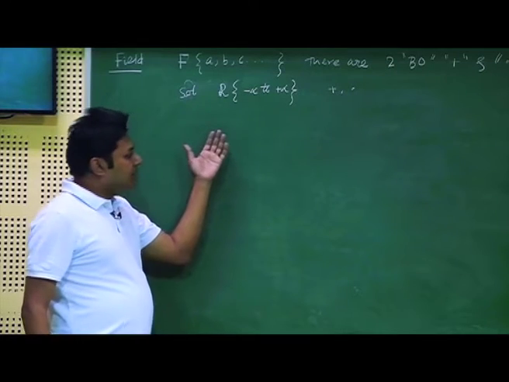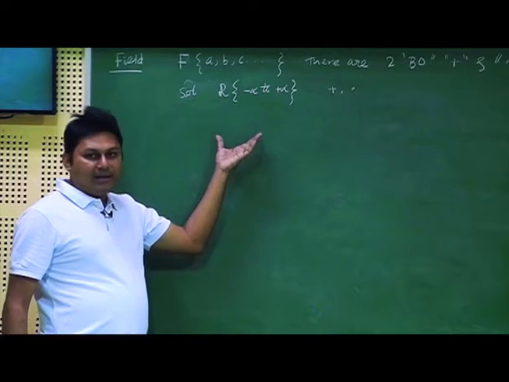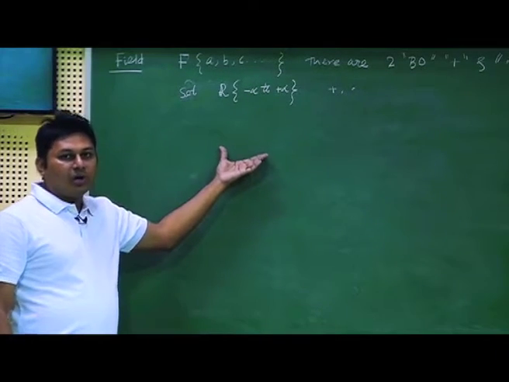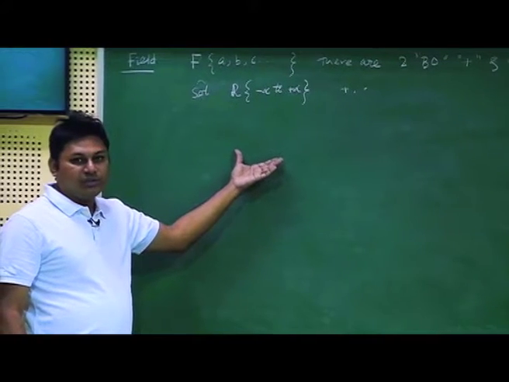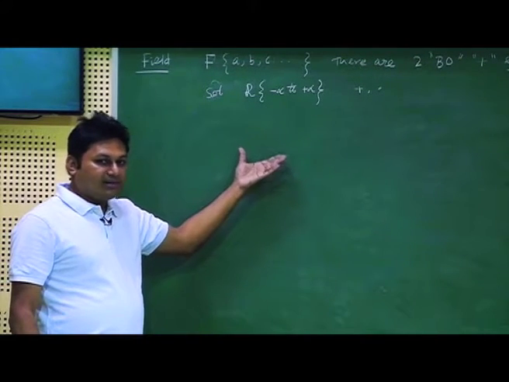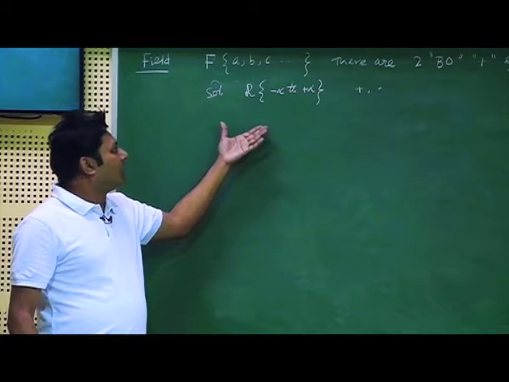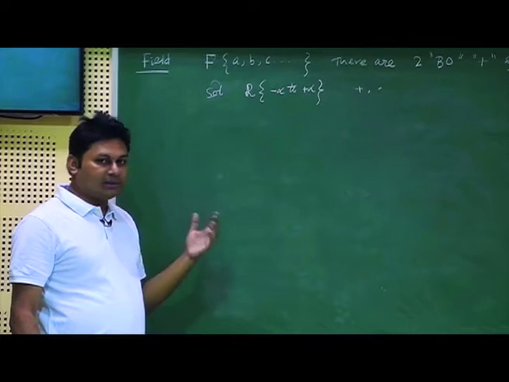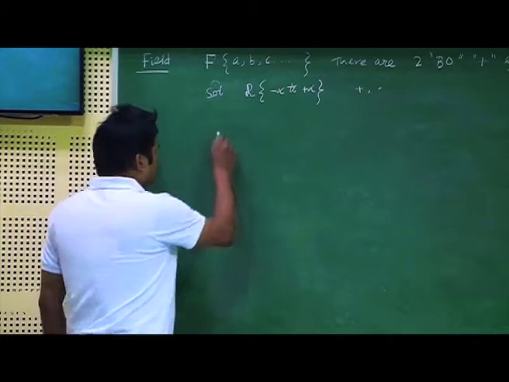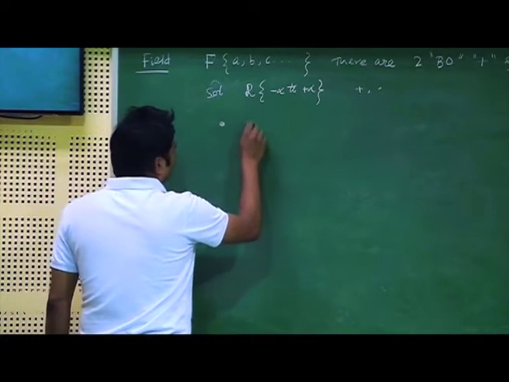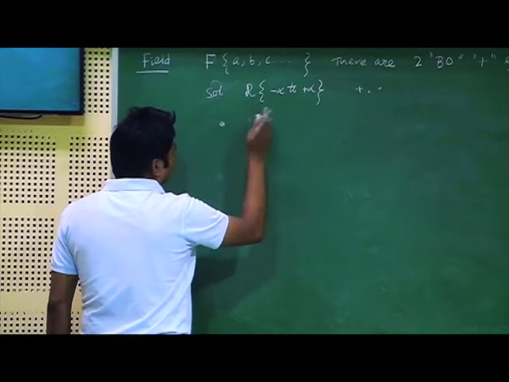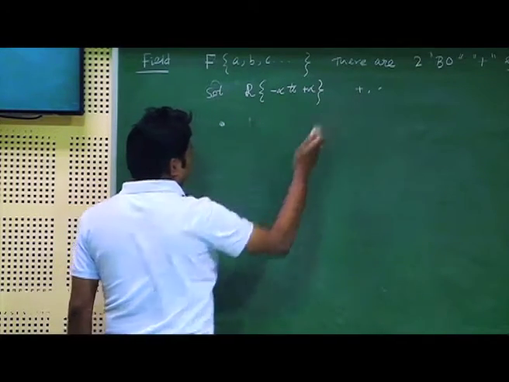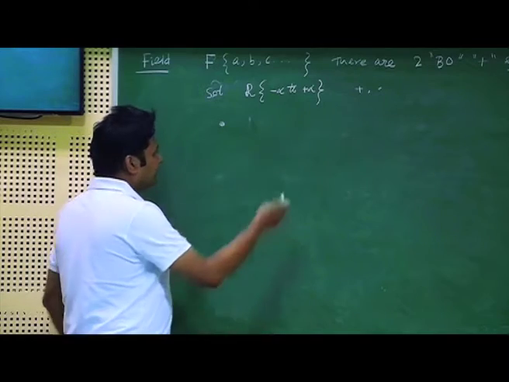So, let me start with the existence of identity and the existence of inverse, which are the critical properties that a set has to follow to be a field, because these are the things that are difficult to find; other things come naturally. So, let us concentrate on that. It is quite trivial for R. When I try to find the identity element, it is nothing but 0.